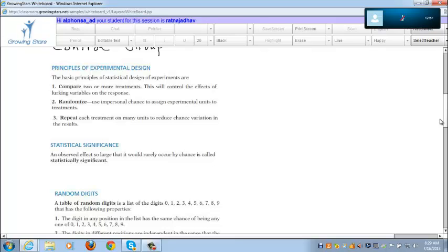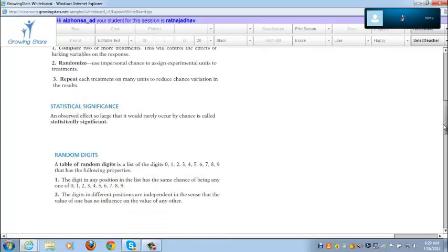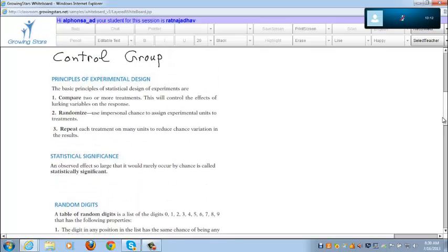Make a list of all the people from which you want to select a group. Assign numerical values to each person or experimental unit. Then use a calculator or a random digits table given in the book and randomly select the group. I'll show you an example.